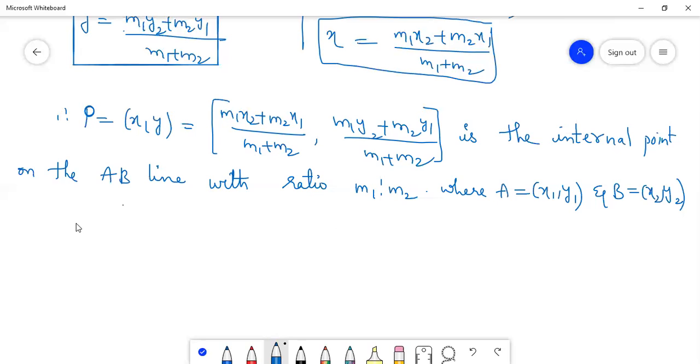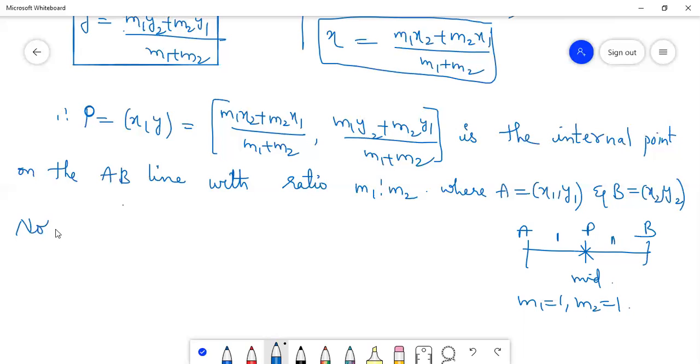Suppose a line is divided by the equidistant point P from A and B. Equal distance means the ratio 1:1, and then P is said to be the midpoint. Then you can apply m1 equal to 1 and m2 equal to 1.